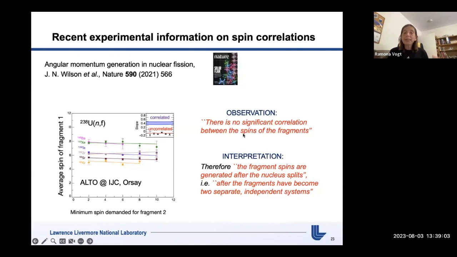And they interpreted this as the fragment spins being generated after the nucleus splits, like this rubber band breaking, I think Kyle mentioned, after they've become two separate independent systems, which doesn't make a lot of sense in terms of conservation of angular momentum. But hey, you can't measure the orbital angular momentum, so who cares, right? No, we care. And you ought to care too, because that's part of the physics.